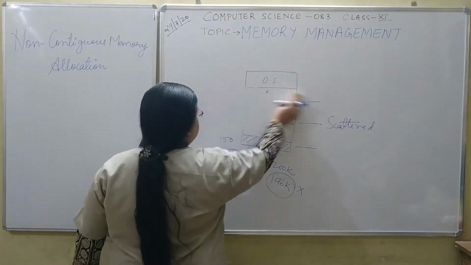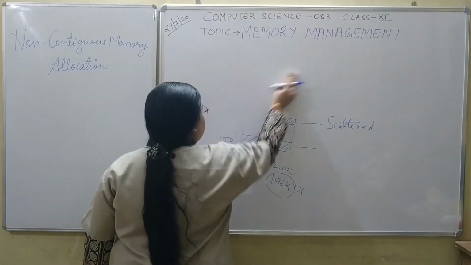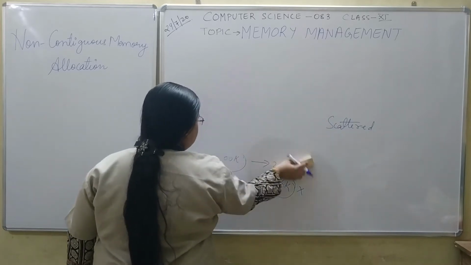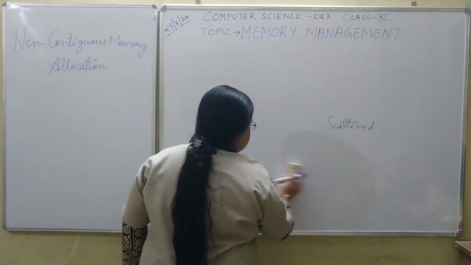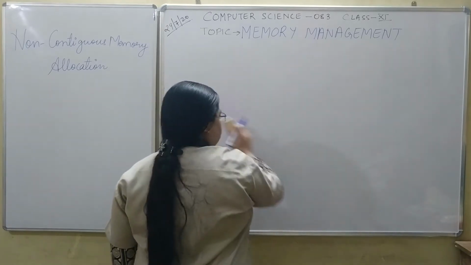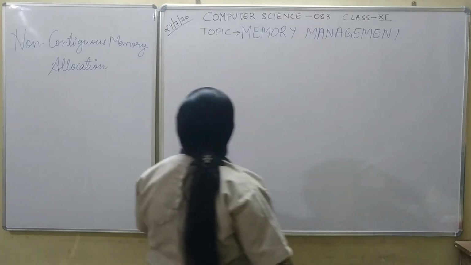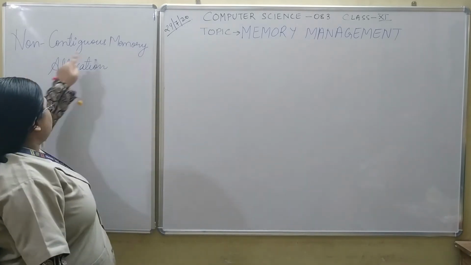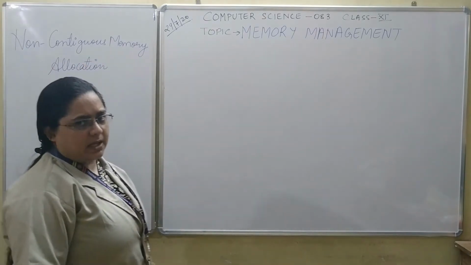Just to avoid the problem of external fragmentation, the designers of operating systems came up with the idea of non-contiguous memory allocation.